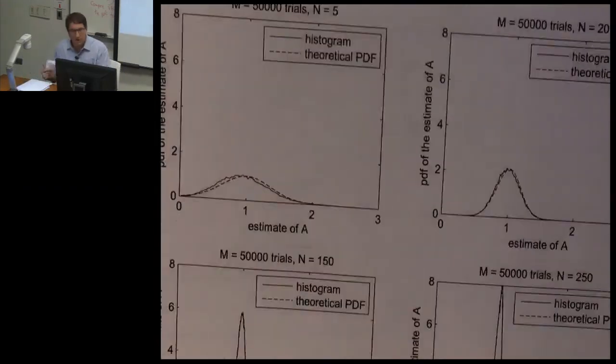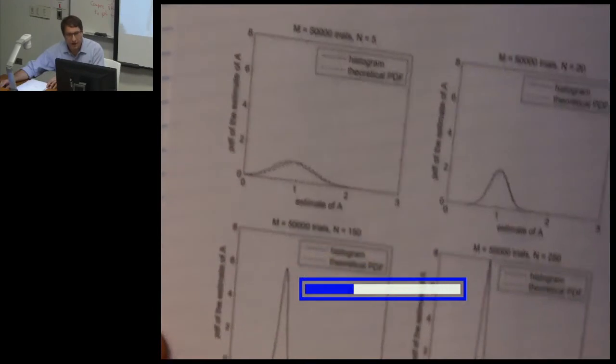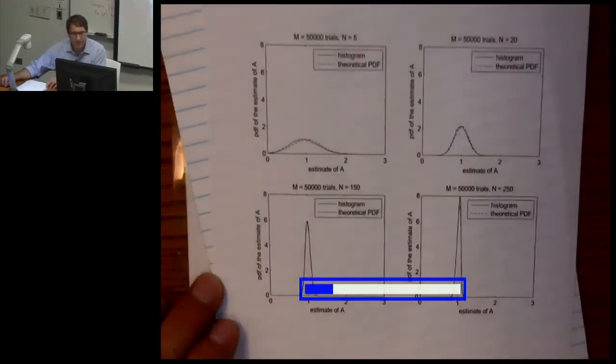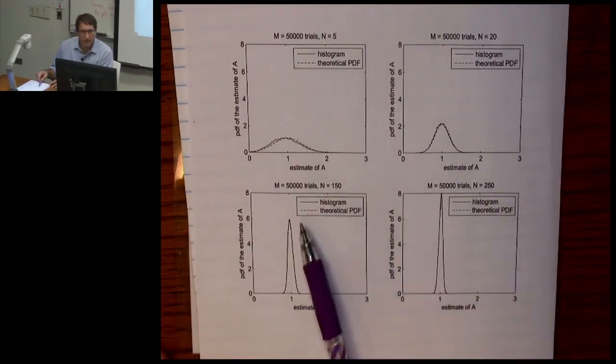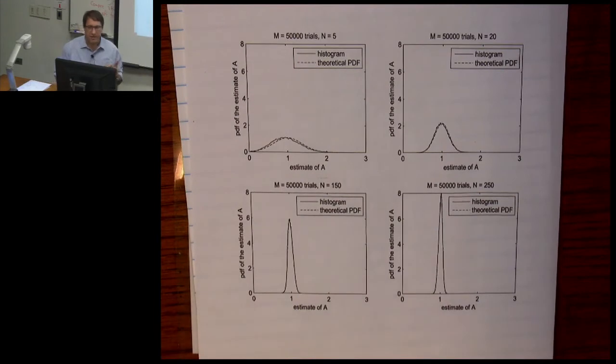So I also plotted these histograms all on the same set of axes. Here's n equal to 5, n equal to 20, n equal to 150, and n equal to 250. And you can see that as I'm using a larger number of data points, the spread of these capital M estimates about the mean value gets narrower and narrower as I use more data points to generate each estimate.